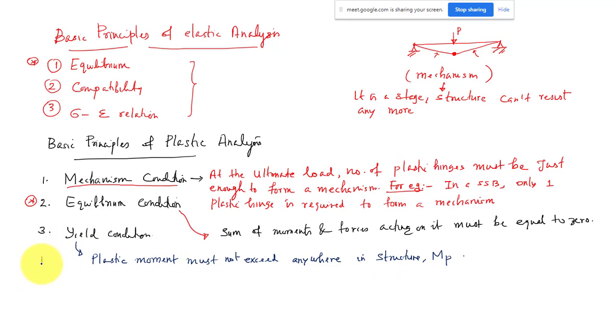That means your section must have yielded. Like this is the maximum moment, so this should not exceed at any point in the structure. So these three conditions must be satisfied in the plastic analysis. Okay, these three principles together we will be calling uniqueness theorem.